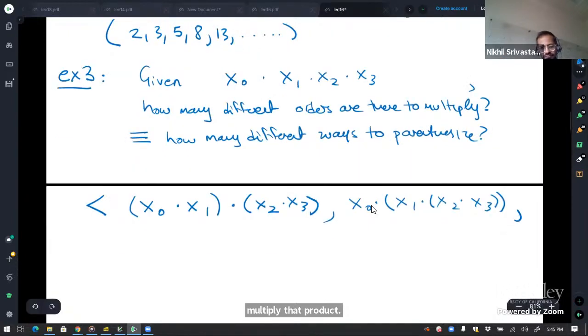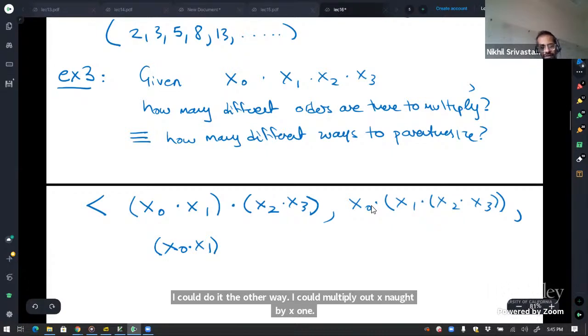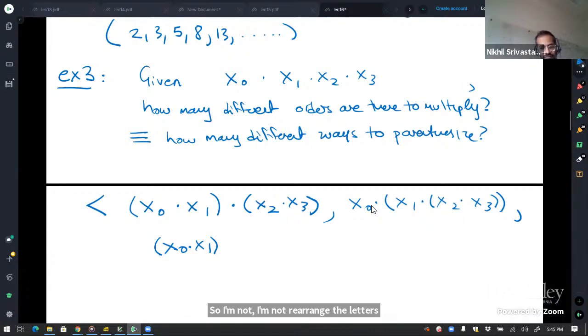Or I could do it the other way. I could multiply out x0 by x1. So I'm not allowed to rearrange the letters. Maybe that's the key here. I have to keep the order of the variables the same, but I'm allowed to put parentheses wherever I want. And then I multiply these by x2. And then I multiply this by x3.